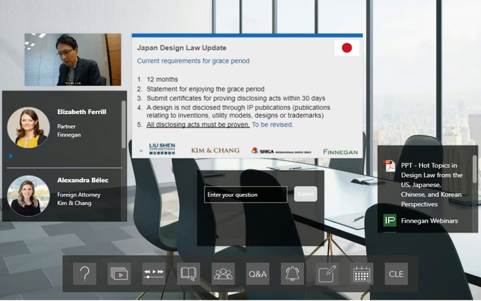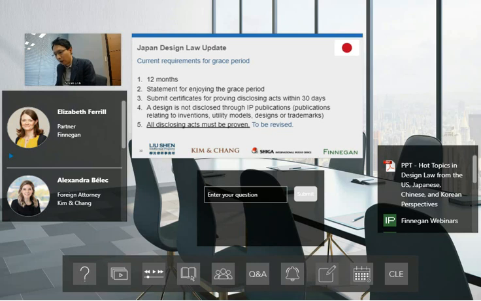So these are major requirements for the grace period. First, it is necessary to file a Japanese design application within 12 months since the first disclosure date. Second, it is necessary to submit a statement for enjoying the grace period at the time of filing the application. Third, it is necessary to submit certificates for proving disclosing acts within 30 days since the filing date in Japan.